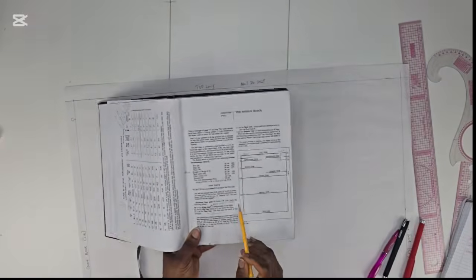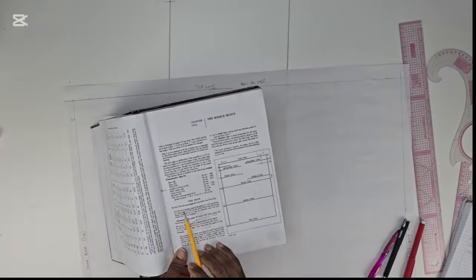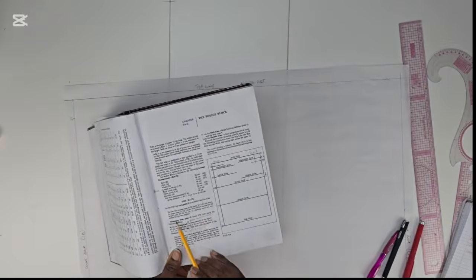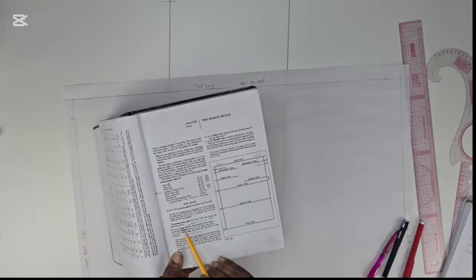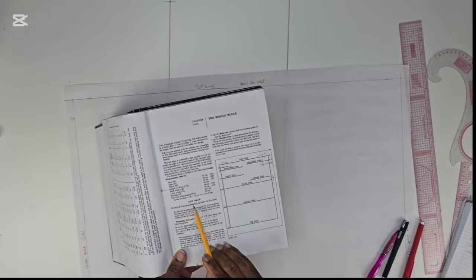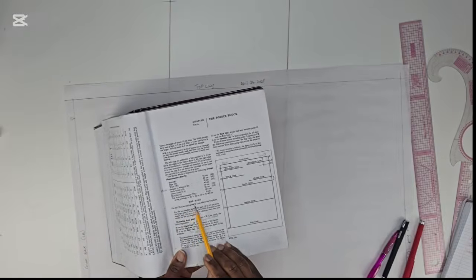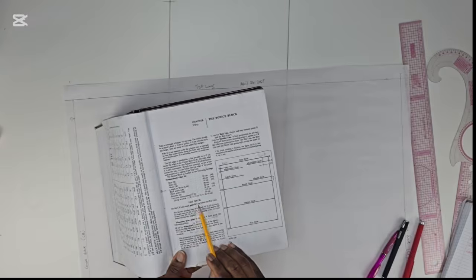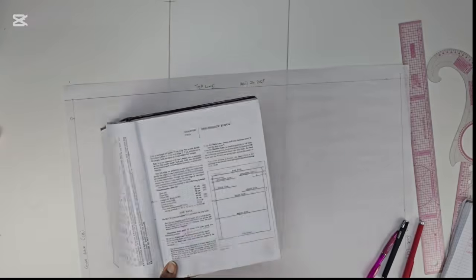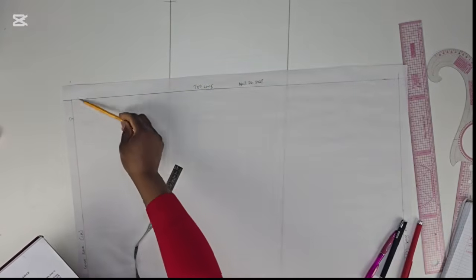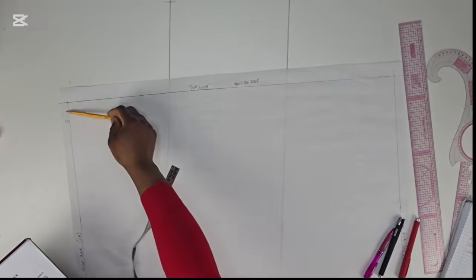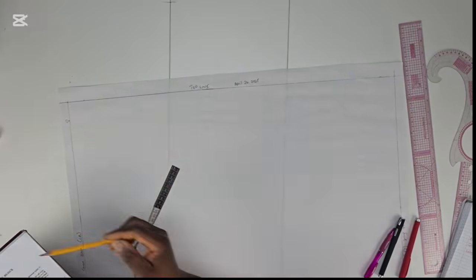Now it went ahead to say for the smallest sizes, whenever you see a smaller font, like here, because what we've done is on the center back line, we've marked 3 centimeters from point O below the top line, which is why I told you 4 centimeters below the top line on the center back line.